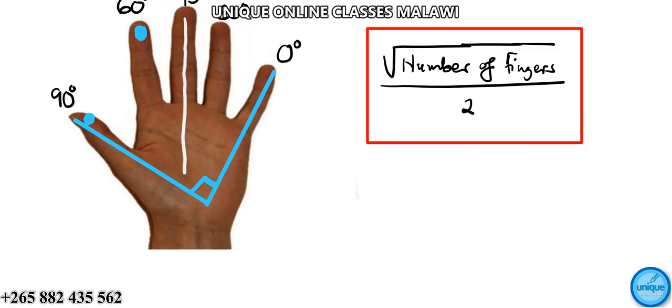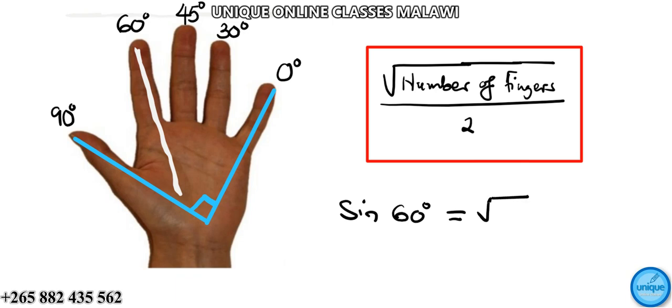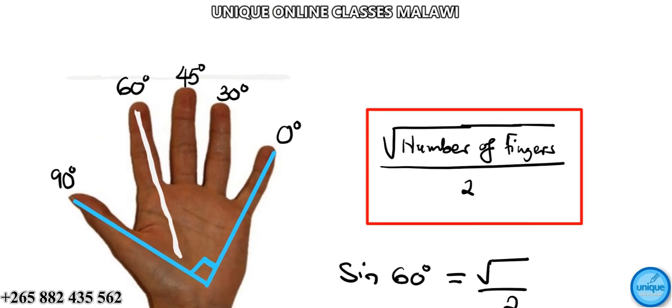60. Let's do 60. At 60 we have a line here. At 60 we are here. You see? So let's do sine of 60 degrees. Remember, we make root of number of fingers, then divide by 2. So for sine we go to the right. Right stands for sine. So how many fingers to the right from angle 60?